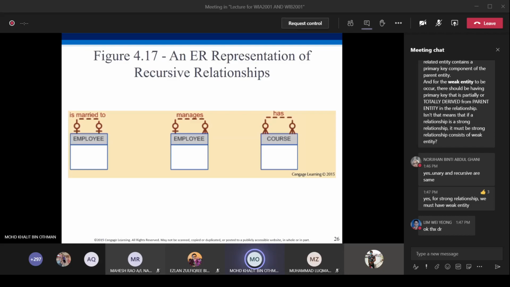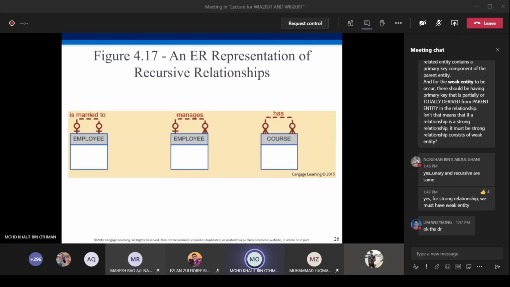An employee is married to one and only one other employee.